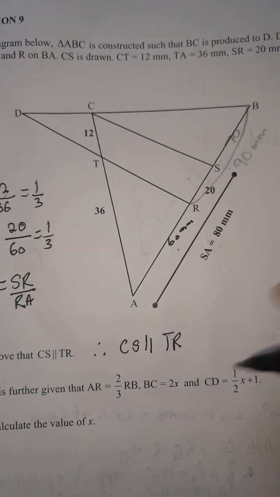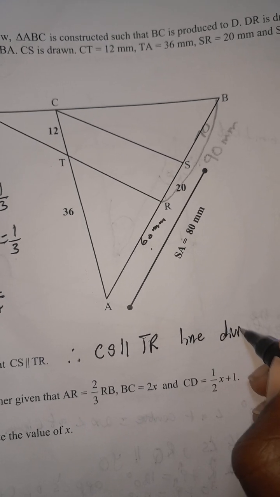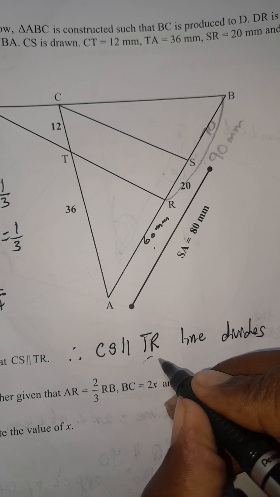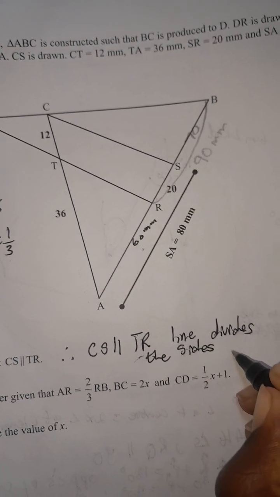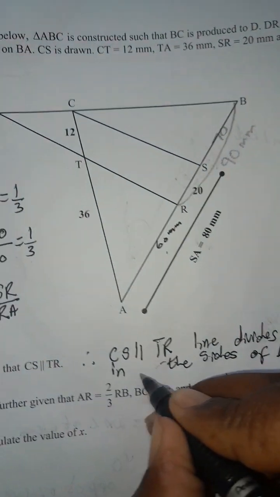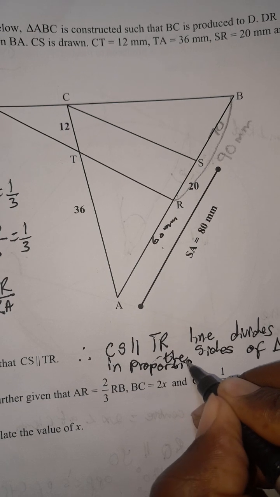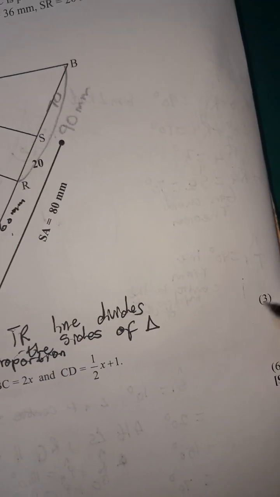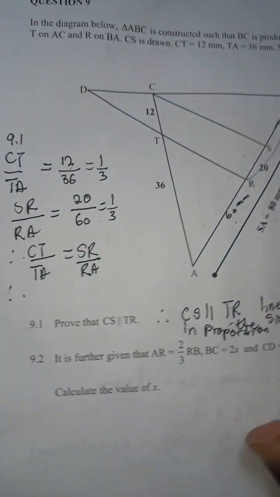The reason is: this line divides the sides of a triangle in proportion. That's the reason for us to get those 3 marks, right? Let's go.